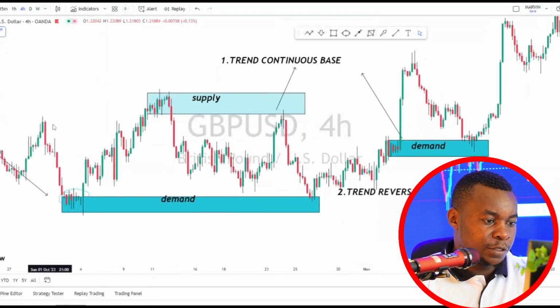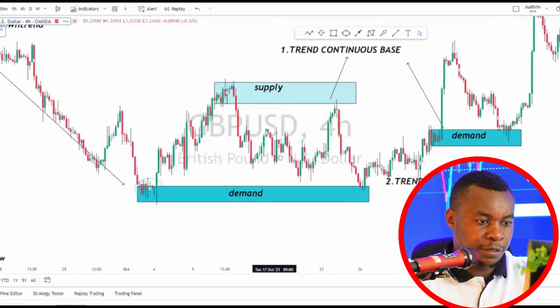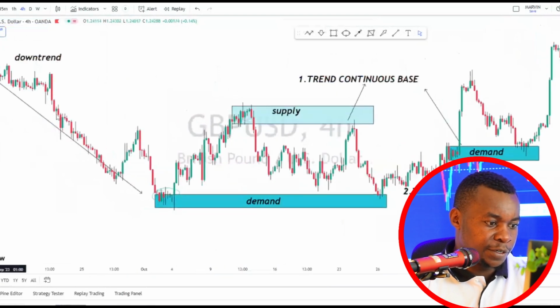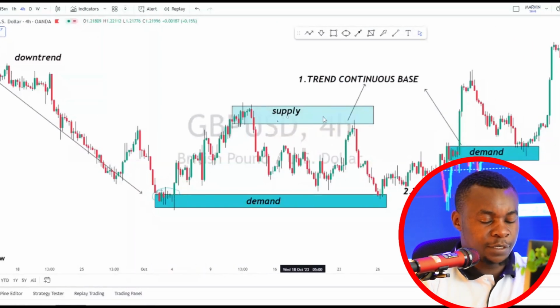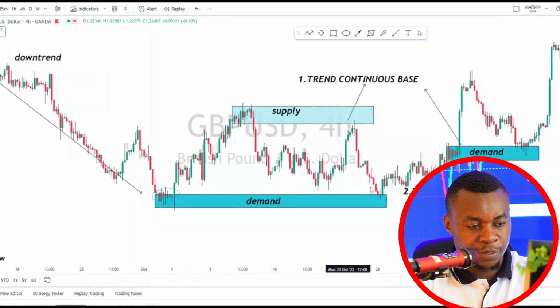So this demand here will be a trend reversal. All right, this one will be a trend reversal. The reason: the market has been on a downtrend, then demand was created here. Another important consideration here is that the market tested the supply before the demand.